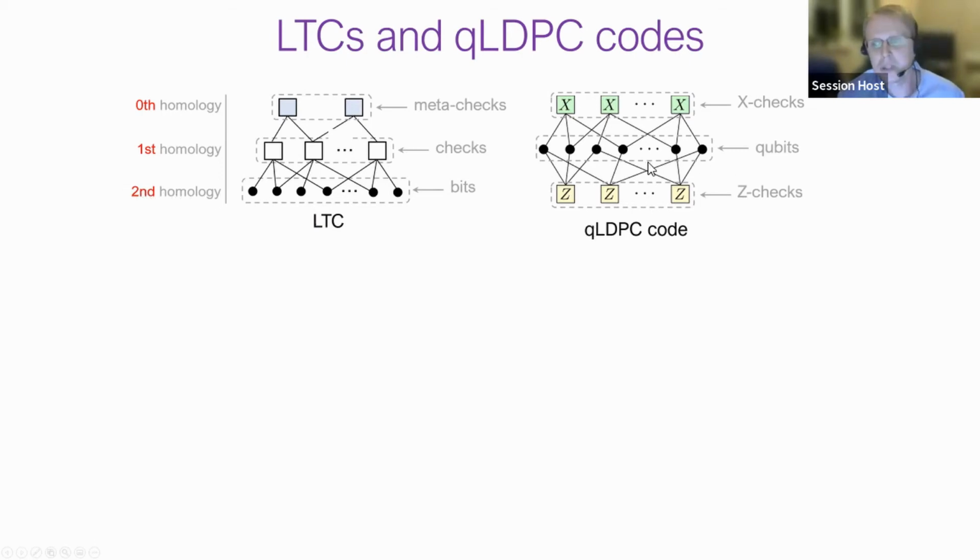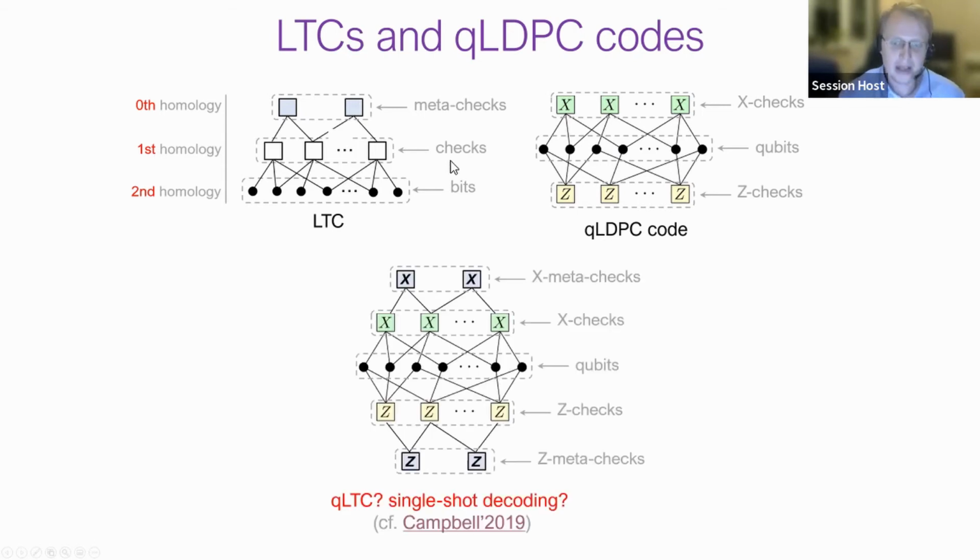And you can also interpret it differently, and this way we obtain a quantum LDPC code, and the qubits in this case correspond to the first homology.